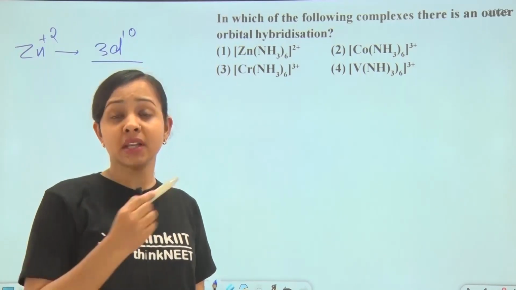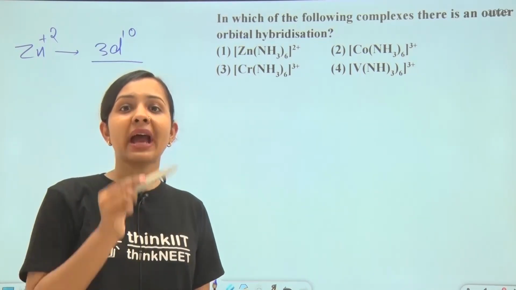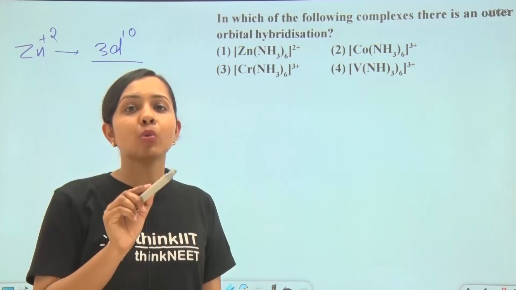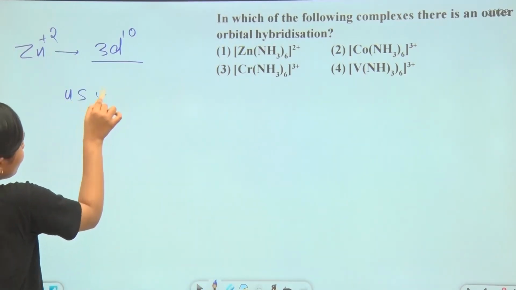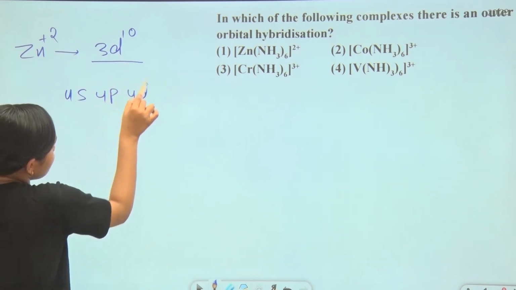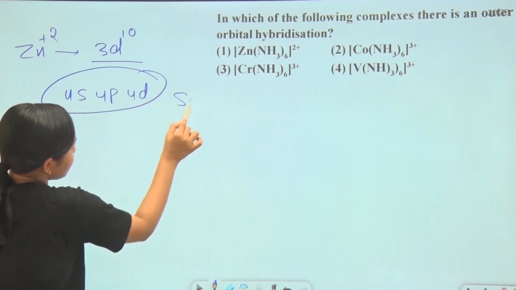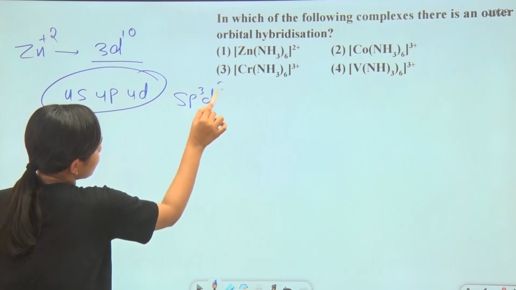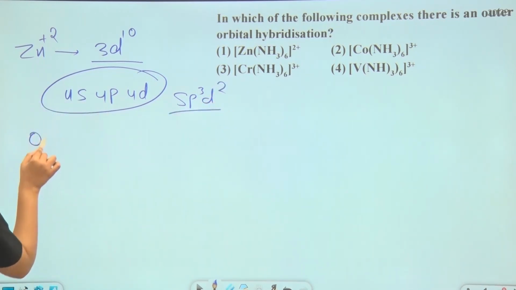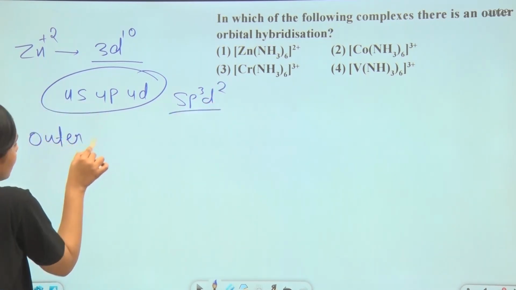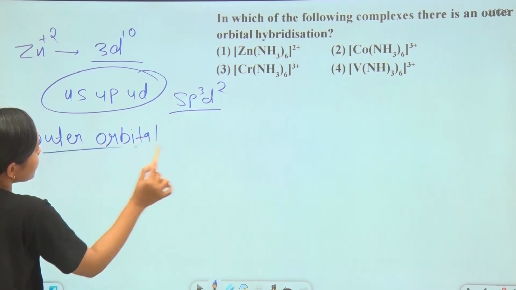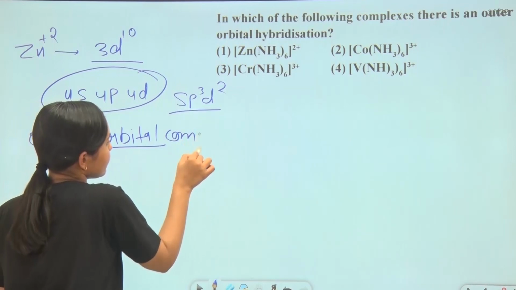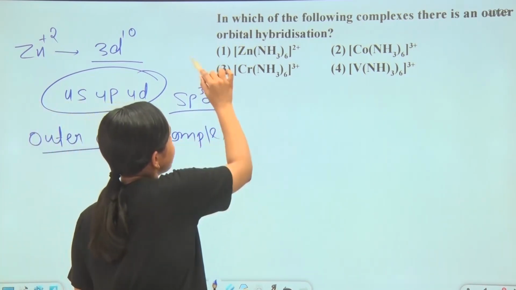Then the NH3 ligands will come into the outer orbitals, 4s, 4p and 4d, and the hybridization will be sp3d2, right? So this is an outer orbital complex, so option 1 is the correct answer.